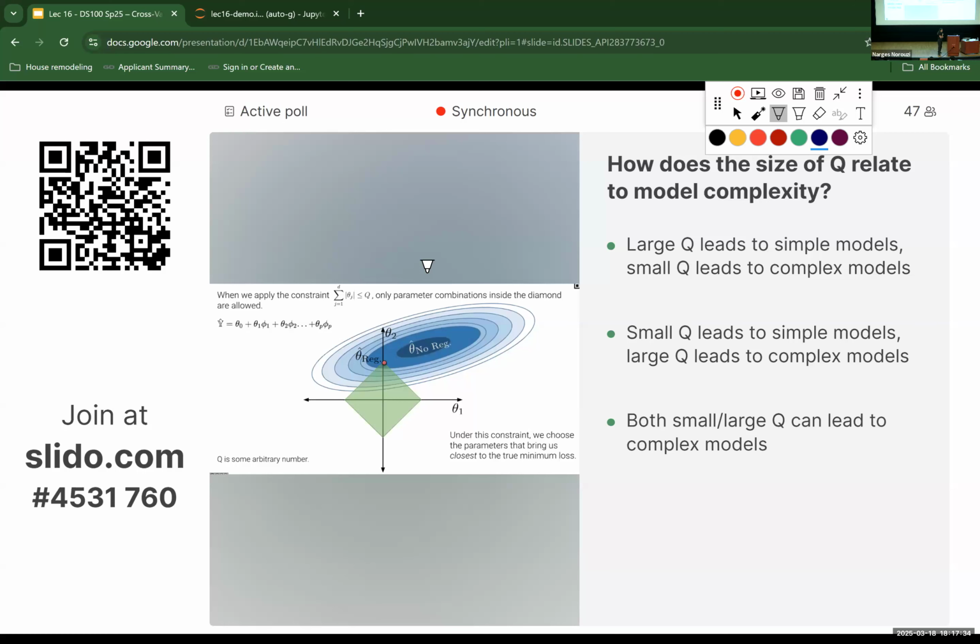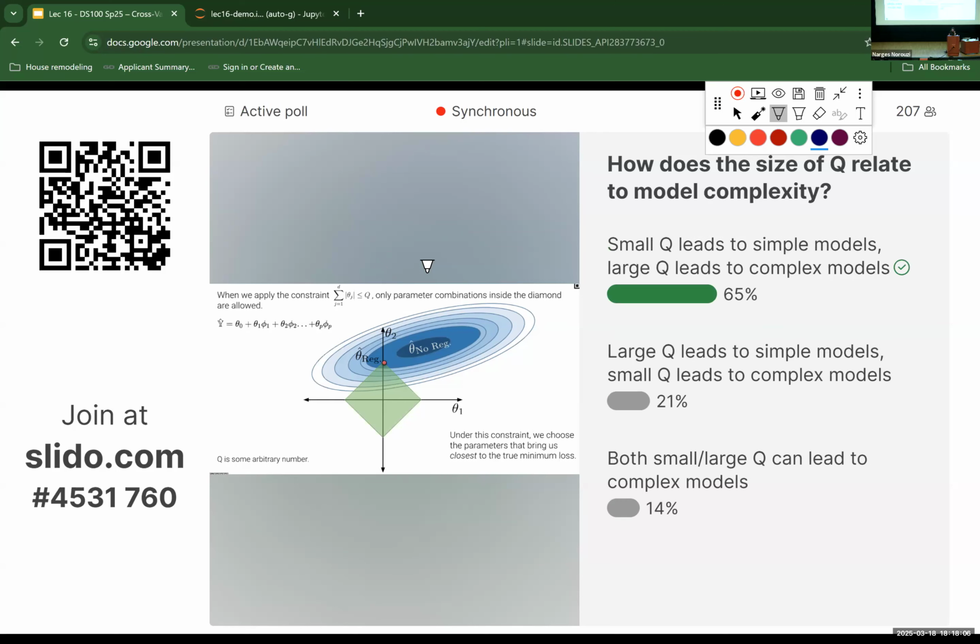Which one is a less complex model with low variance? I'll wait for 200. Go.